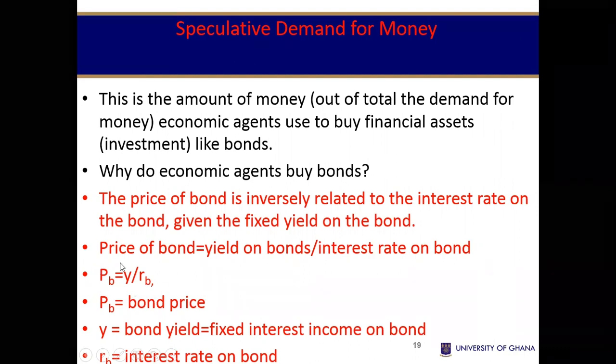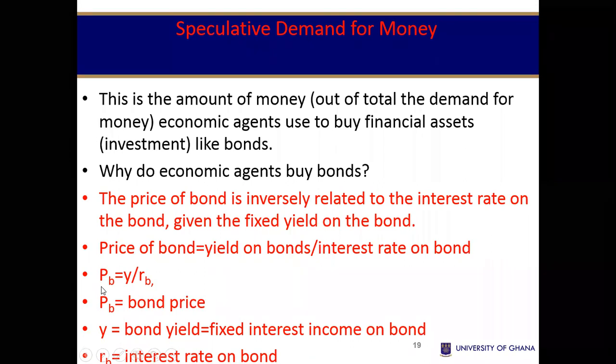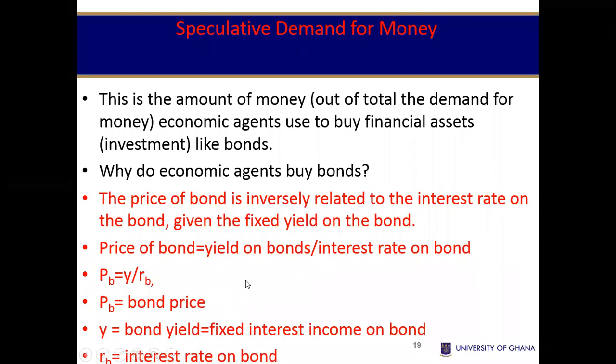So this is another explanation for why interest rate is inversely related to the demand for money. When interest rate is very high, the price of bonds will be very low, which means that people will now be buying more bonds because bonds are cheap. Buying bonds means that you are reducing the quantity of money that you hold, you are reducing the demand for money.